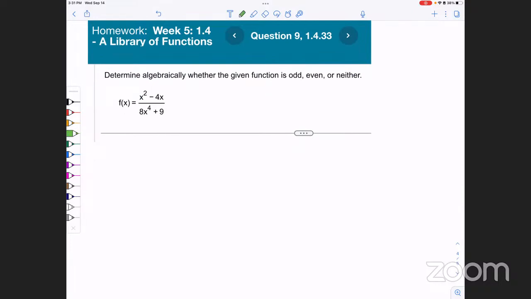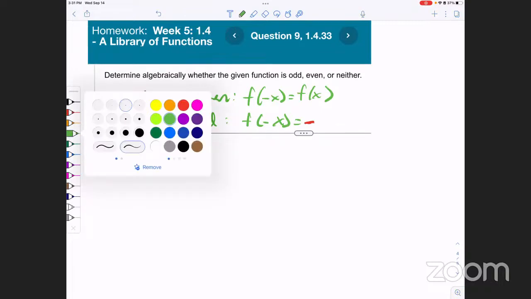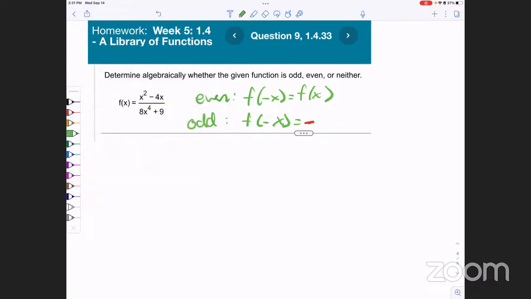We again just start by getting a quick copy of the definitions. And odd: we evaluate f of negative x, we get a negative times the original. Okay.